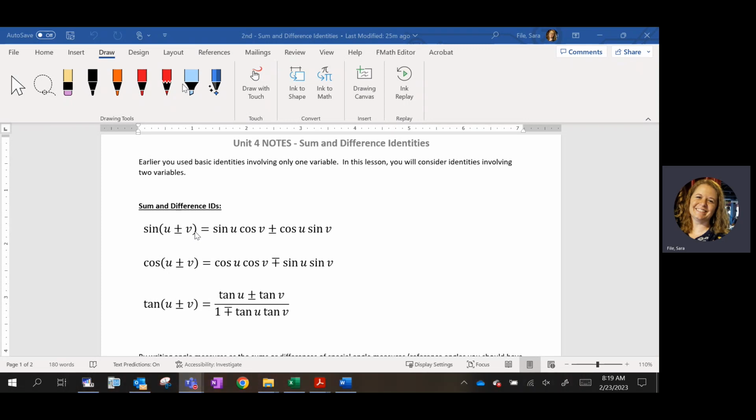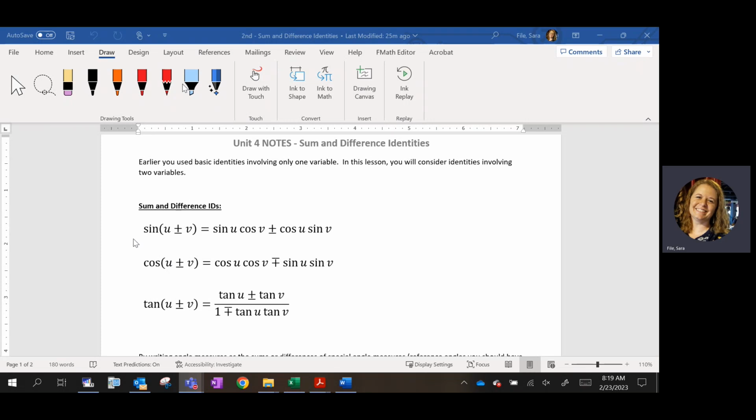If we're asked for a trig value of an angle that we don't know from the unit circle, but we can use angles that we do know to either add or subtract to that number, that's how we're going to utilize these most often: to evaluate trig at angles that are not our special 30, 45, 60 that we have memorized on the unit circle.